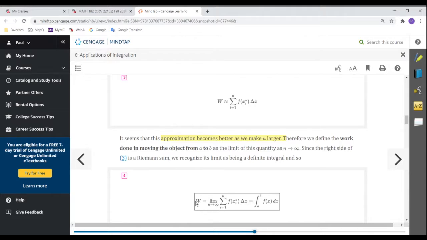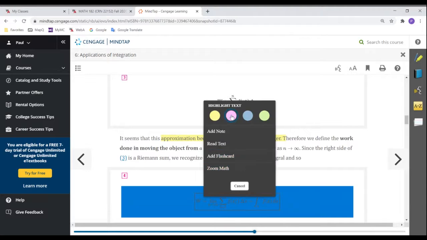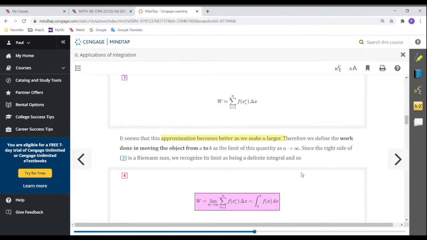And so here's the expression for the limit of the Riemann sum, and that's equal to the work. So the work is equal to the integral from a to b of your variable force with respect to x.